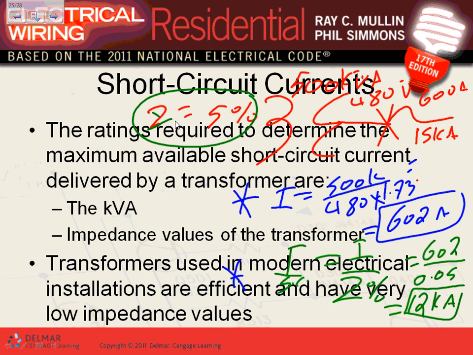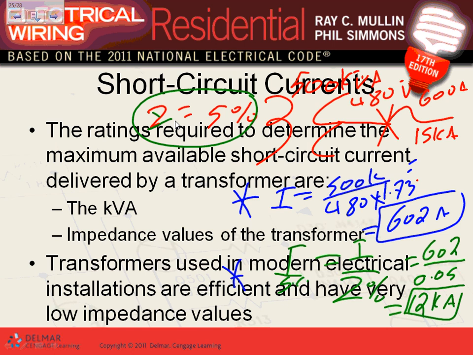Now, Chris, if the transformer is more efficient, meaning the impedance is low, would you expect the interrupting rating to be high? That's why with more efficient transformers, impedance is low and short circuit is high. So you really have to find a happy medium.